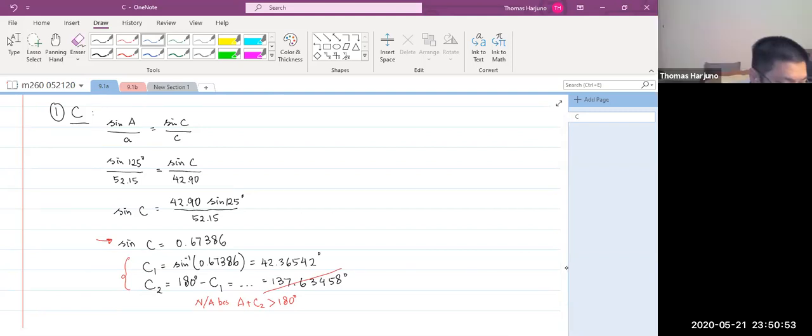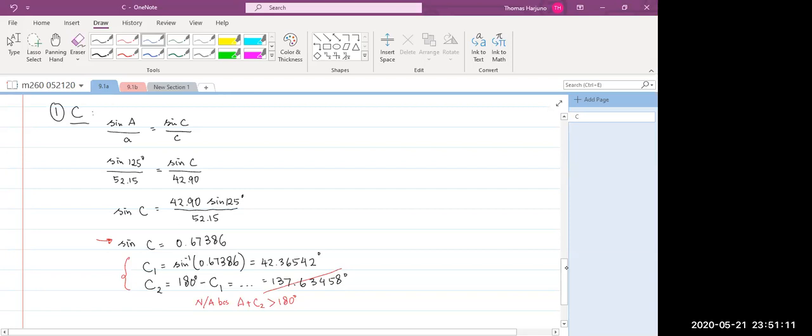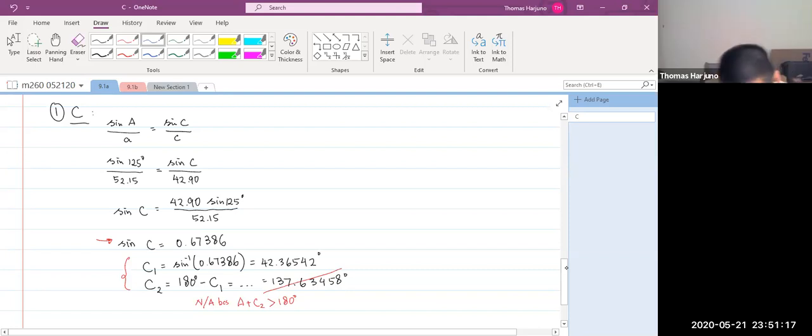Did you do it in degrees? Can you check? Yes, in degrees. So I have to put my calculator in degree mode. Just make sure that when you work in degrees, the mode of your calculator is also in degrees.